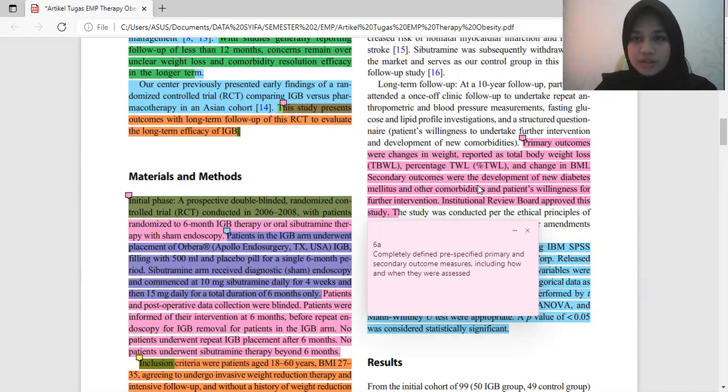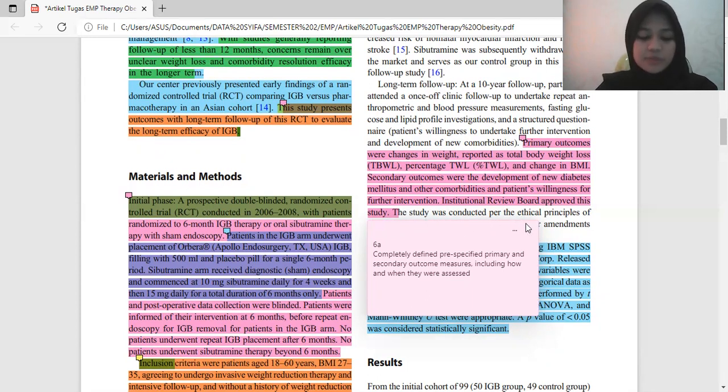Secondary outcomes were the development of new diabetes mellitus and other comorbidities and patient willingness for further intervention. The institutional review board approved this study. So number 6A, we can conclude that it is available.